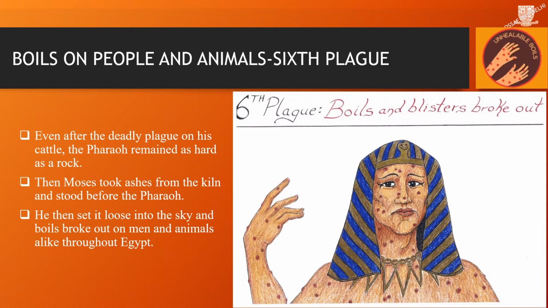Their entire body was covered with red boils, which were painful. All the Egyptians were suffering a whole lot of pain. So this was the sixth plague, where boils and blisters broke out on the Egyptians.